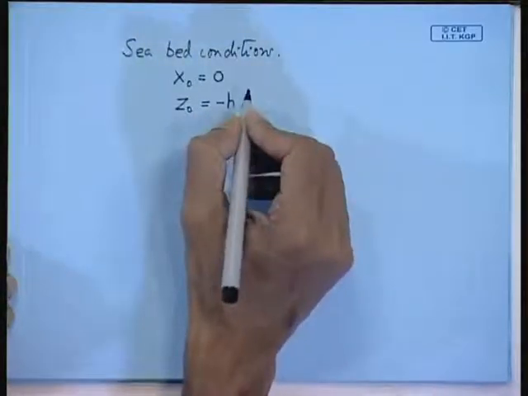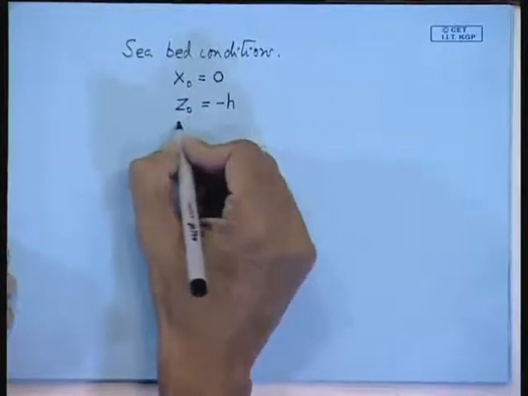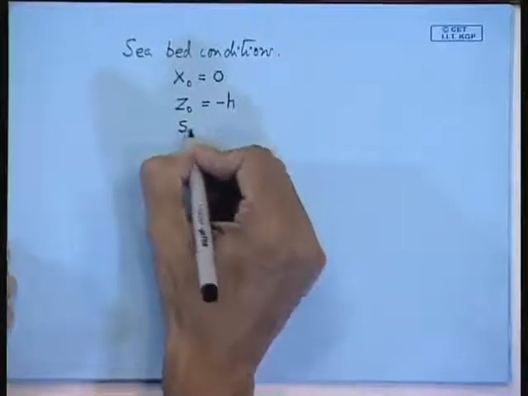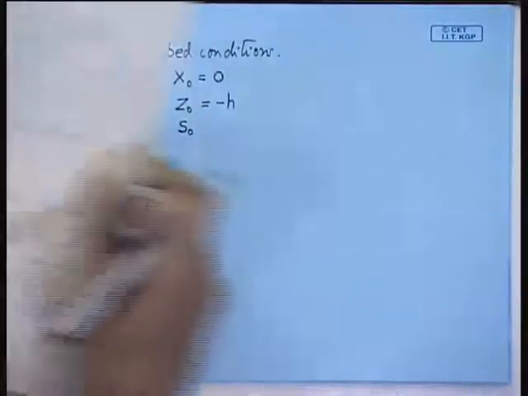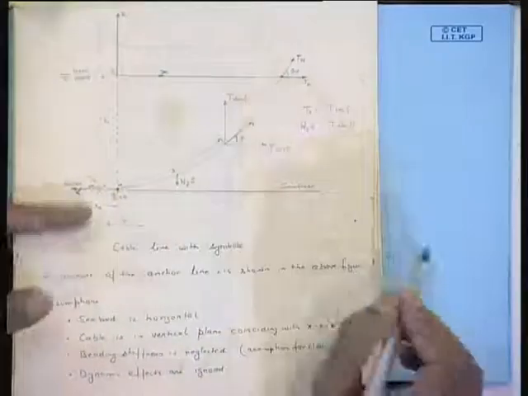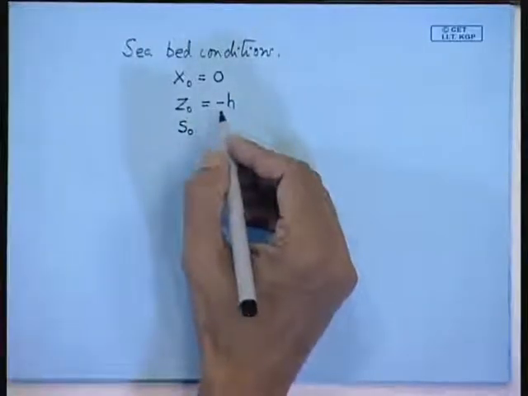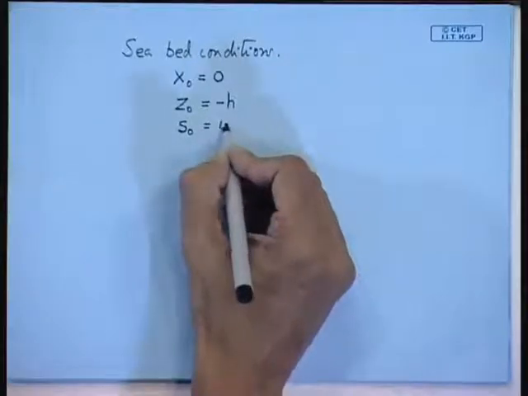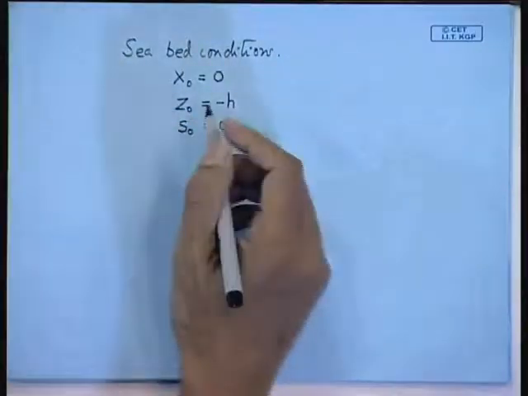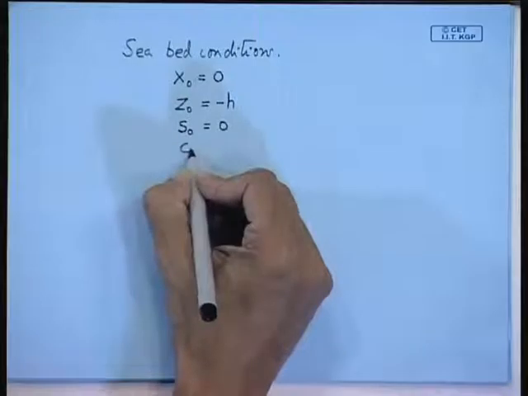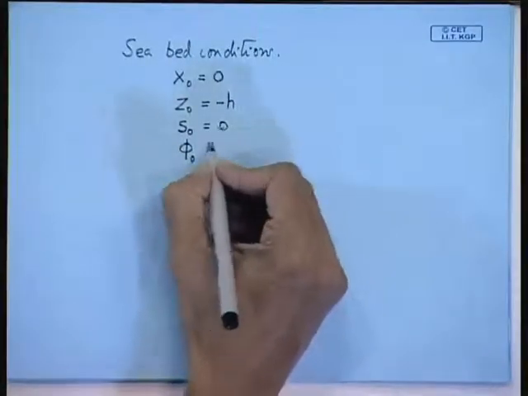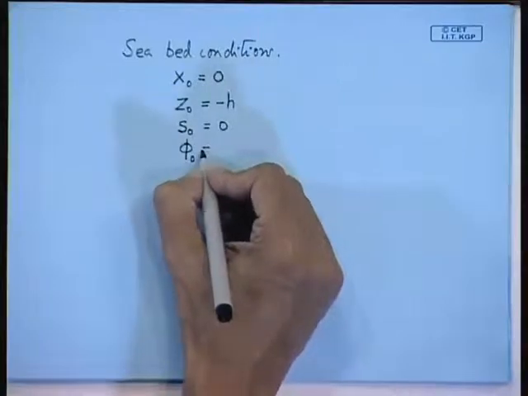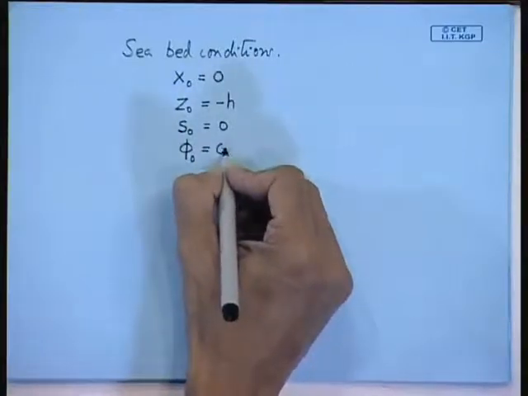What are the other conditions? s 0 is the length of the chain cable at the origin. So, this is our origin point. Obviously, if you bring it to the origin, s will be 0. Now, s 0 equals 0, and there is another condition, that is phi, the angle of inclination of the tangent of the catenary with the x axis, and this is equal to 0 at the origin.